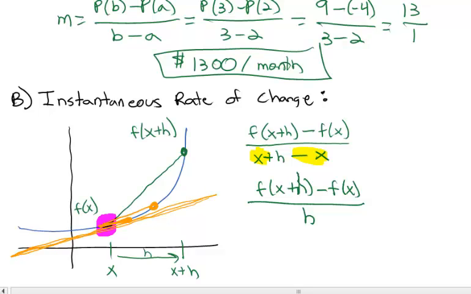And we will get this line here, which hopefully will just barely tap my point. And the slope of that line is the rate it's changing at the moment x. And the way we got there is we shrank h and shrank h until h was basically nothing.